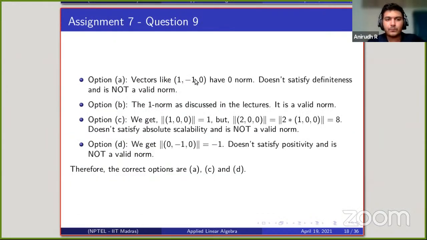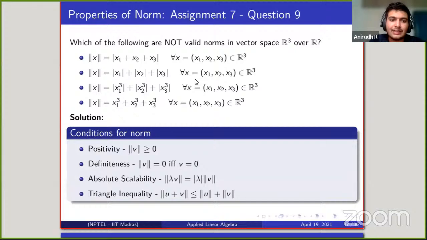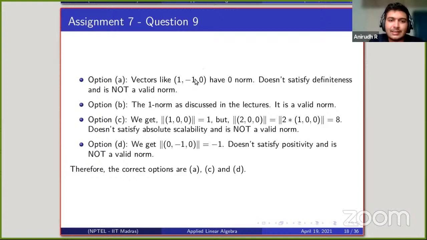Next. In the first option, we had the norm of (x1, x2, x3) as the modulus of x1 plus x2 plus x3. If we take a vector such as (1, -1, 0), which is a non-zero vector, we end up getting a 0 norm, which means definiteness is not satisfied by this definition.